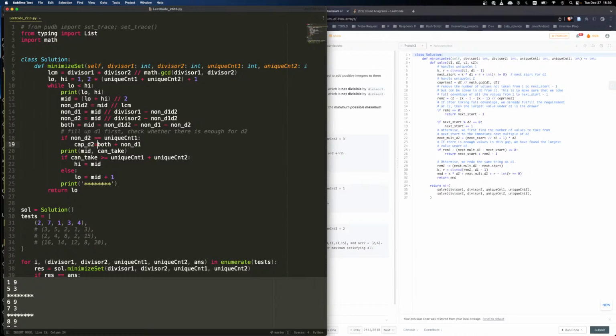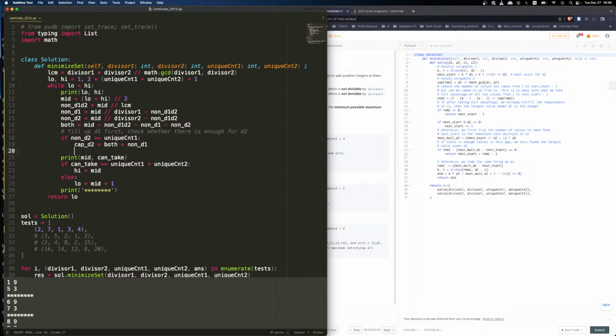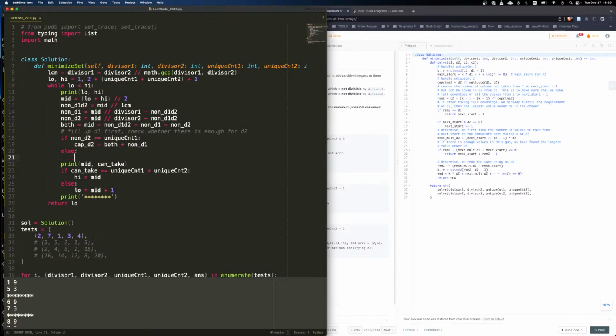Capacity for d2 equals this. Else, capacity d2 shall equal none d1. Definitely, we can use all of them. And on a plus, because none d2 is smaller, then we can say unique count this minus none d2, right? Minus none d2.